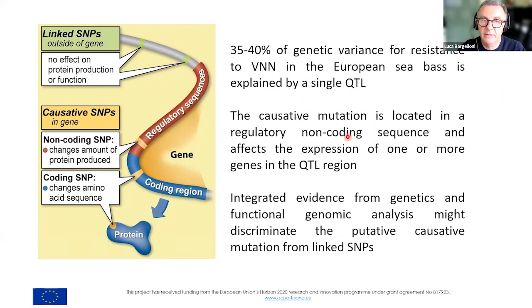And when we go there, we have a lot of linked SNPs, but using this kind of integrated evidence, we might end up with just one or possibly two single causative SNPs, which would be much more interesting and powerful for marker-assisted selection or even genomic selection.